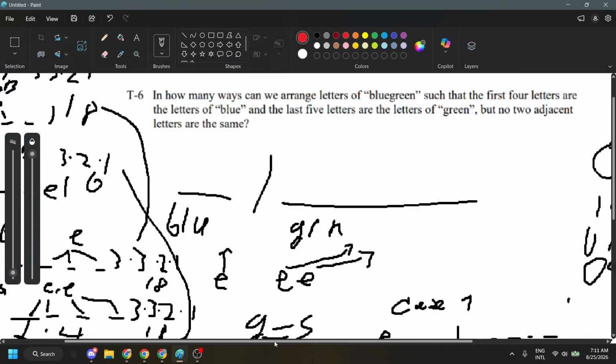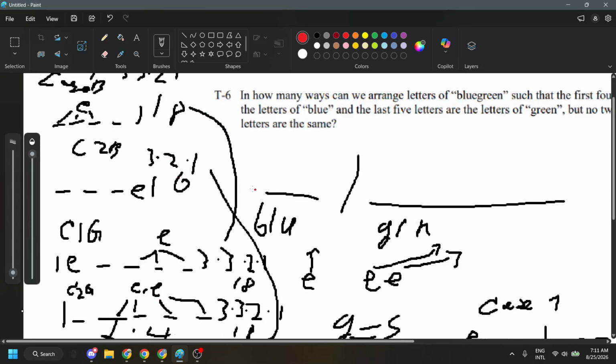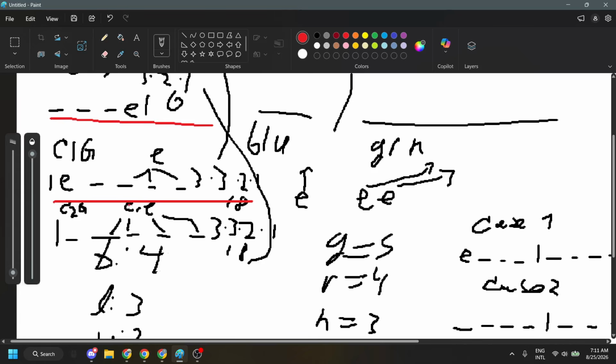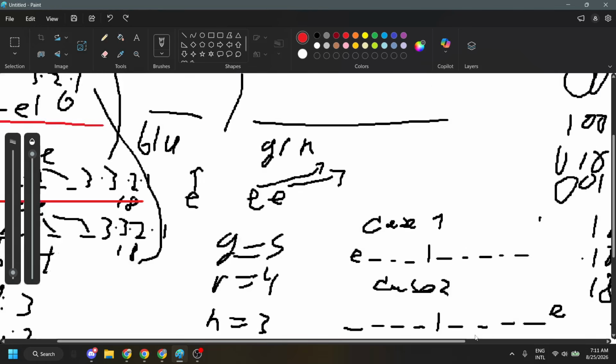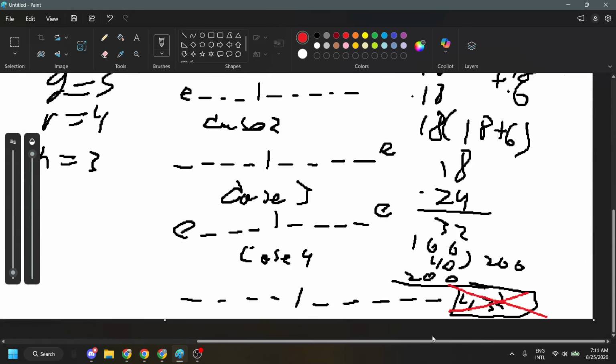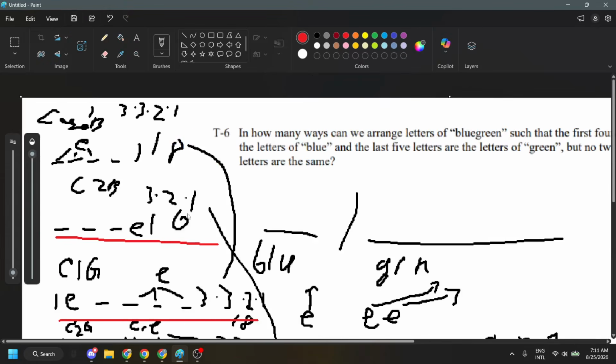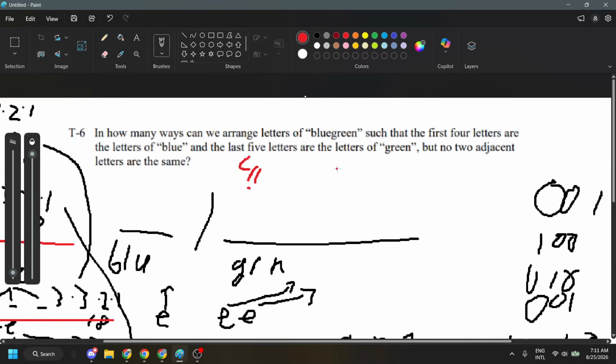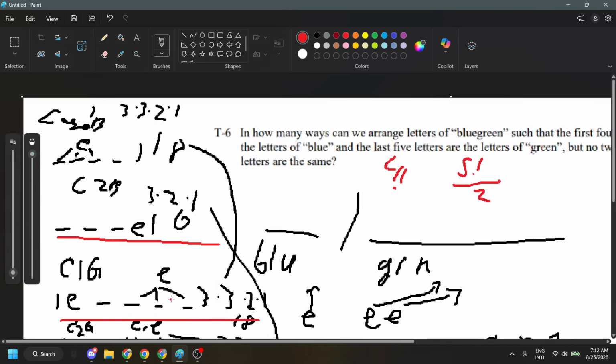Yeah, I did it in a totally different way than they did. But one thing that is good to know is they did this, and then they somehow got the answer there. But I did end up getting this wrong. What they did is said that there were 4 factorial ways to arrange blue. There were 5 factorial over 2 ways to arrange green, 5 factorial because it's 5, and then divided by 2 because the two E's are identical.